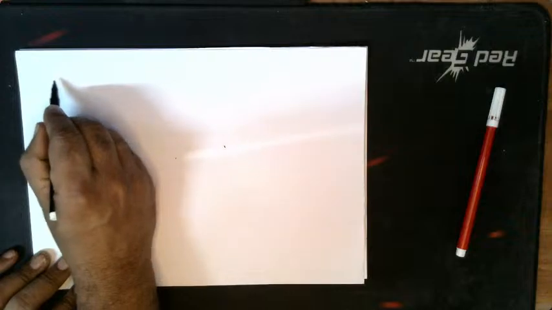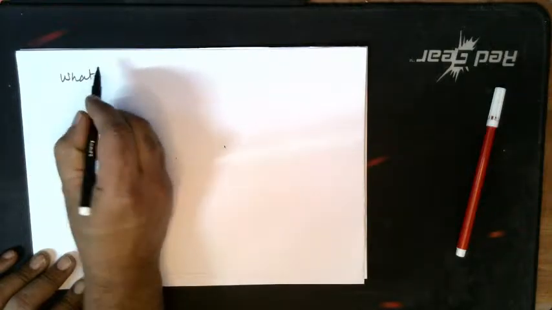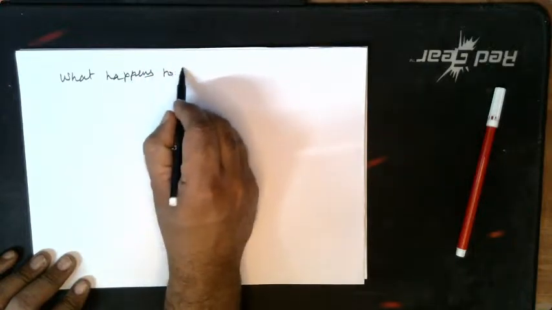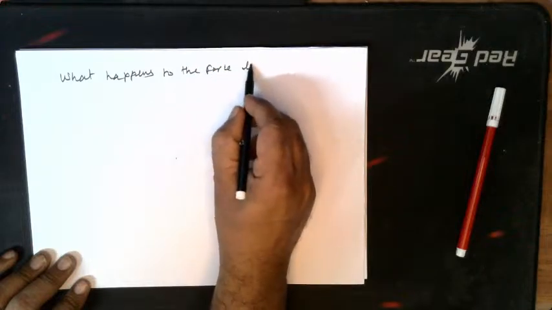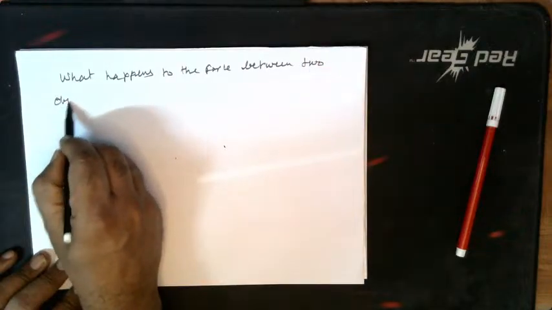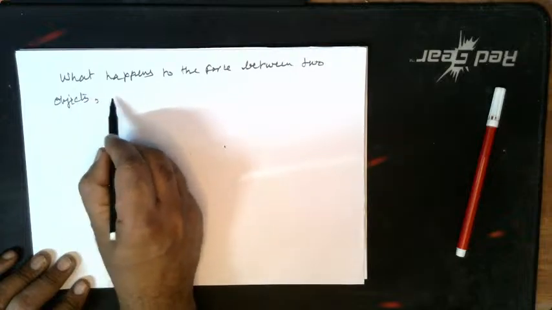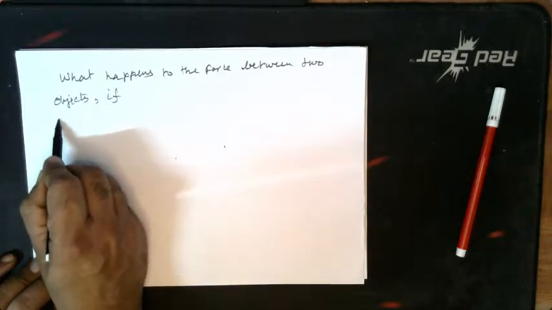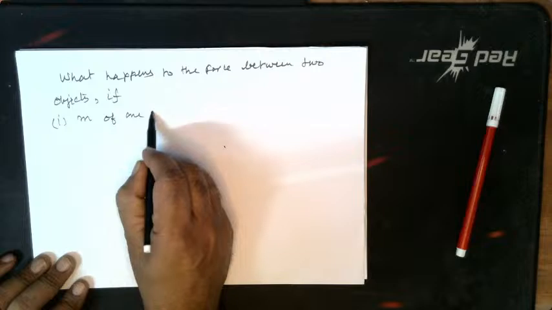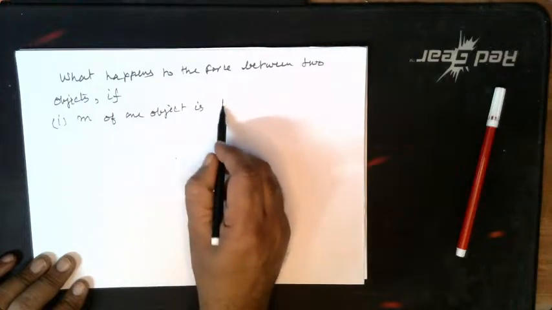What happens to the force between two objects if, one, the mass of one object is doubled.